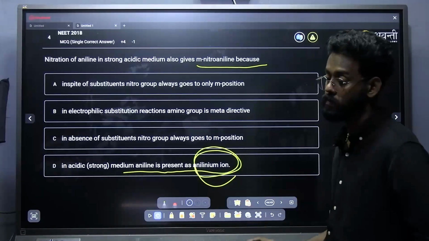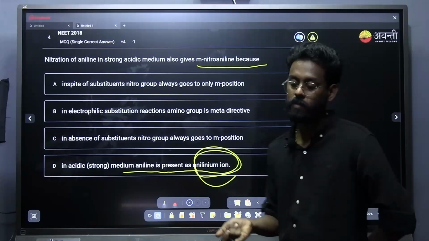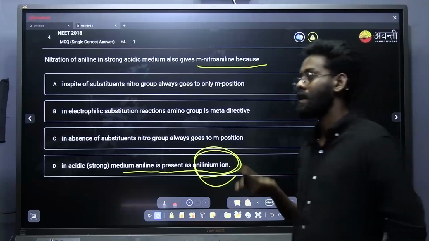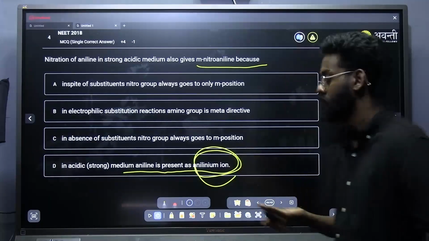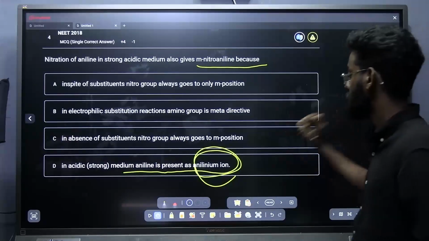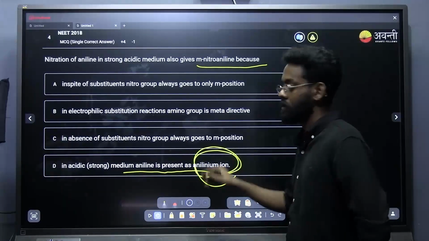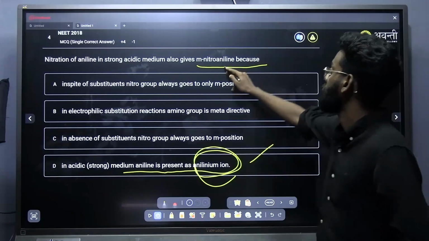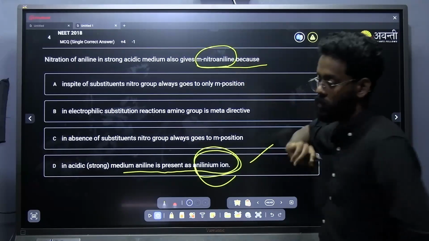We have already discussed this one. In the case of nitration, we can see acid is there. Because of the presence of acid, there will be attachment of hydrogen on the nitrogen, forming anilinium ion. That is the reason why it is giving meta-nitroaniline in a good amount, that is 48%.